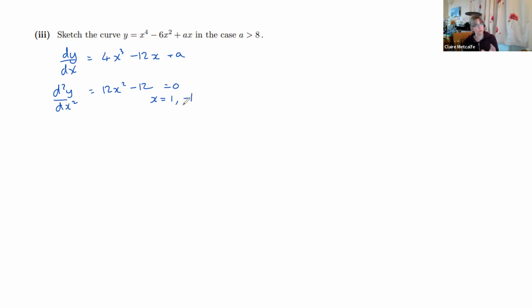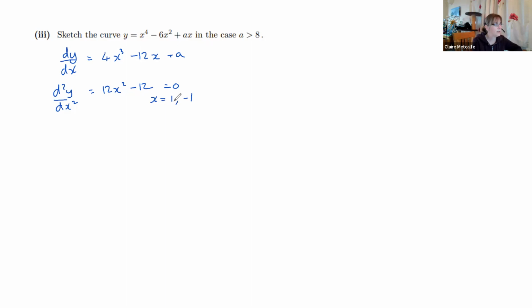So there are a couple of things we could do. We could either start sketching what the gradient would look like, and then work out what the function looks like, or we can keep going with what we've got. So let's start by thinking about this.